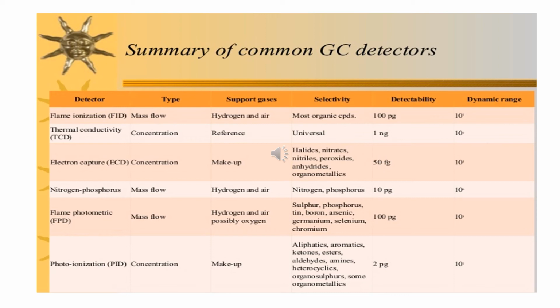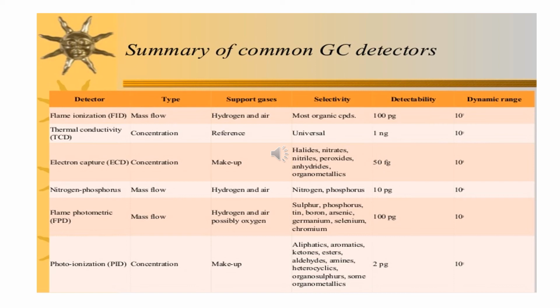Next one is nitrogen phosphorus: type mass flow, support gas hydrogen and air, selectivity nitrogen and phosphorus. Next is flame photometric: type mass flow, support gas hydrogen and air, possibly oxygen.